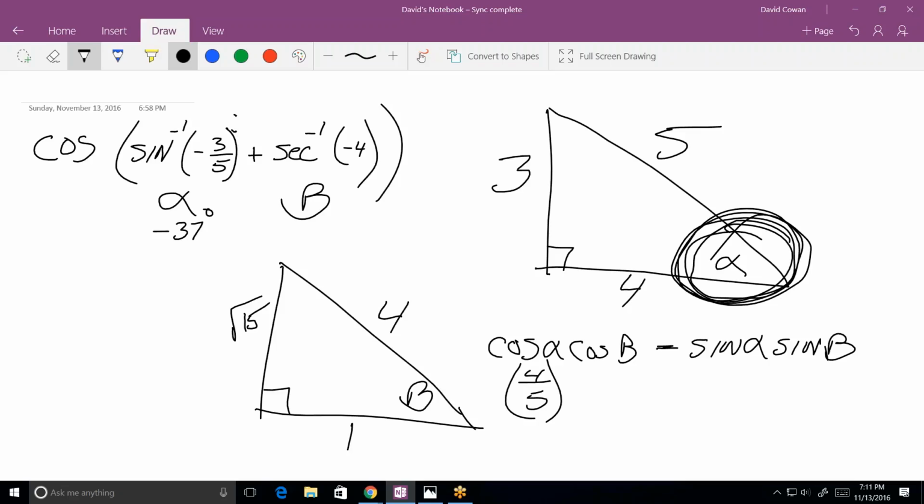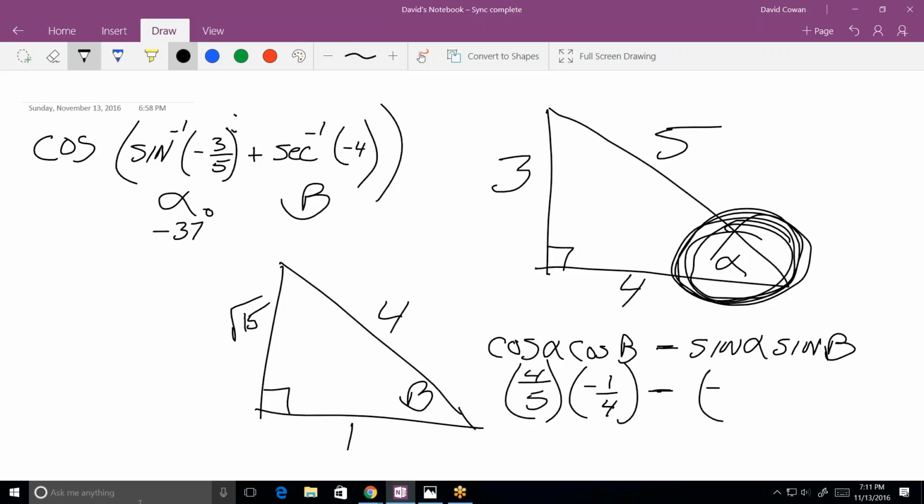Now let's look over at this triangle. We know that beta is second quadrant. What is the cosine of beta? Negative 1/4. Minus, what's the sine of alpha? Negative 3/5.